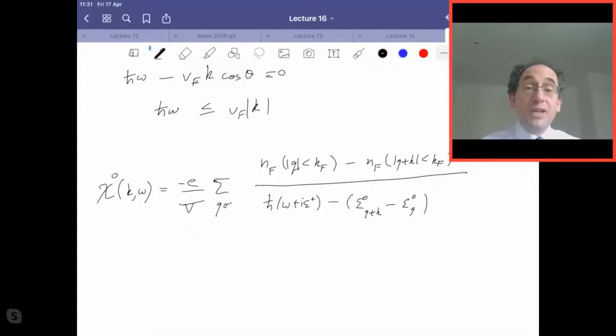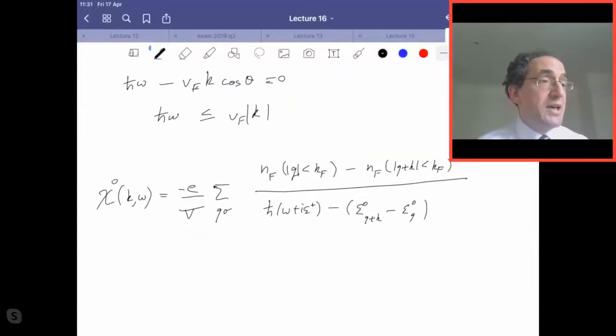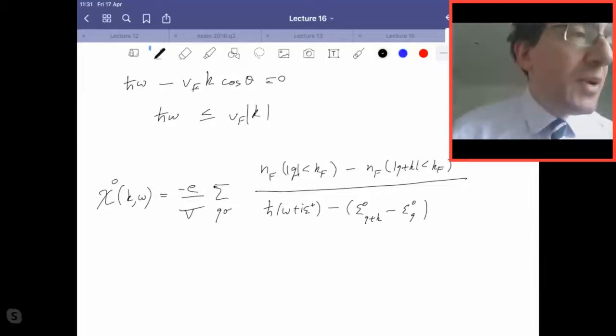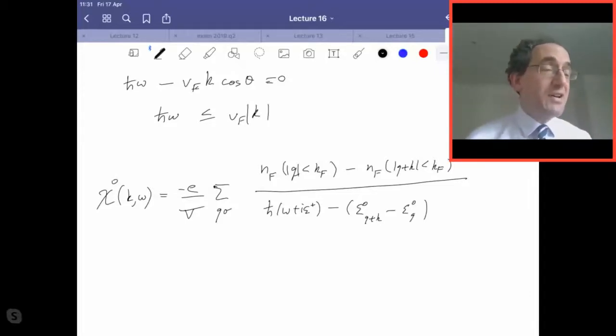It's worth looking at some limits of this expression, really just to convince ourselves that we're not going crazy, that we have a generally correct formula that behaves the way we want it to. So the first limit I'm going to look at is omega going to 0 and small k.